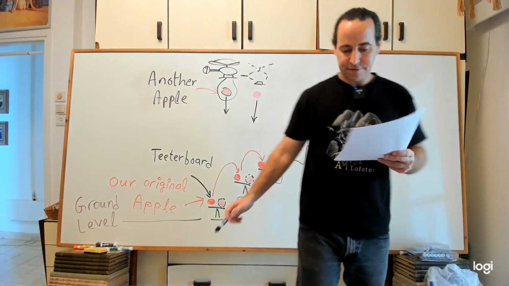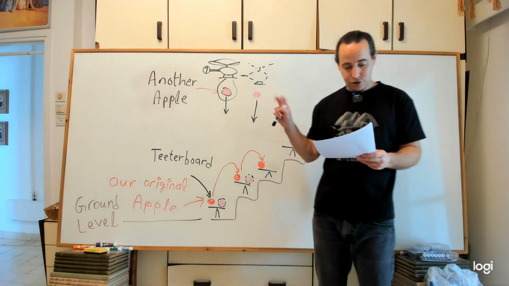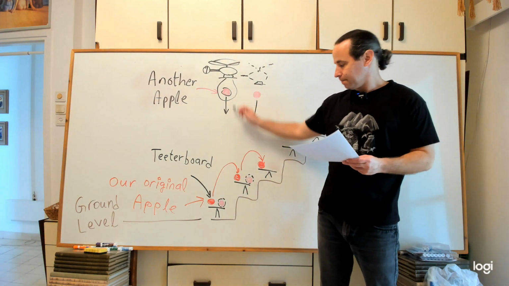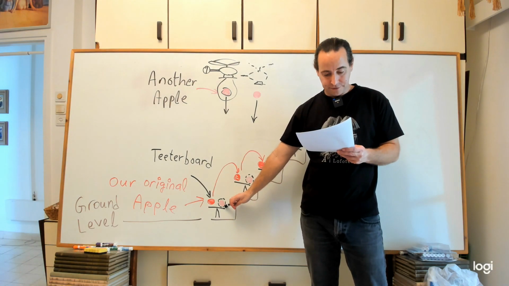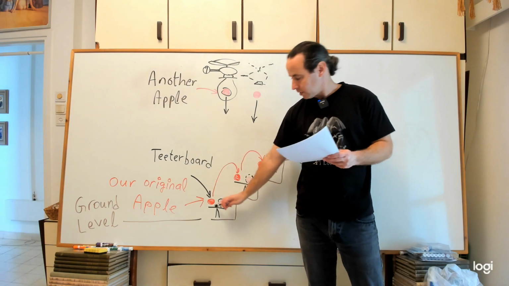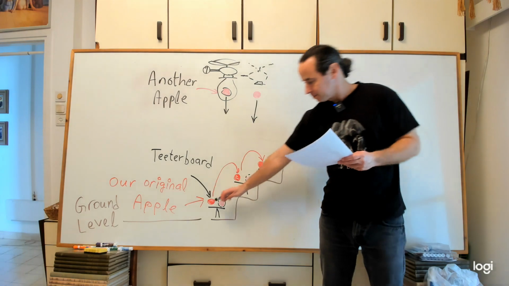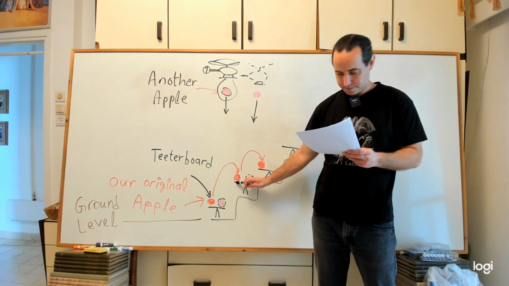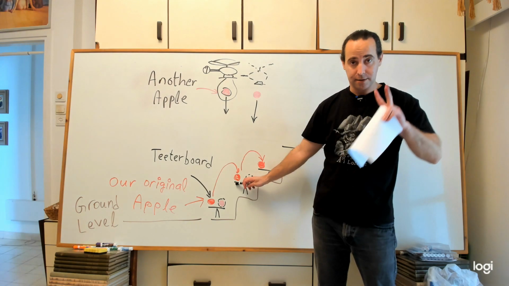Waiting inside the first teeterboard. Then in exchange for another apple, the pink one, that falls from above, the original apple rises up 1 meter, okay, to here. And now our original apple is waiting inside the second teeterboard.